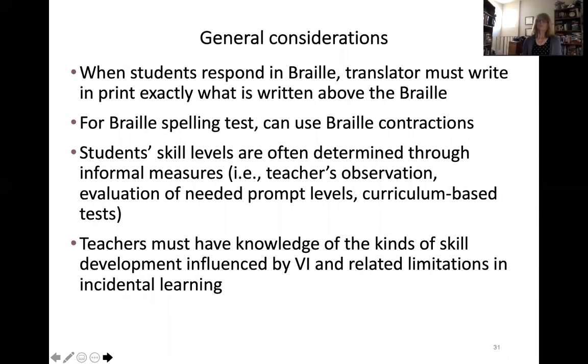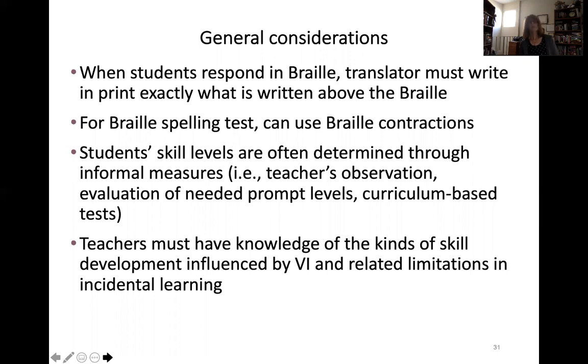So some of the general considerations when you talk about working with students who respond in Braille is that there has to be a translator there who writes in print exactly as it was written in Braille, to provide all sorts of things for spelling tests, for math skills tests, etc. Student skill levels are often looked at from what we call informal measures, teacher observation, what kind of curriculum-based tests need to be done.